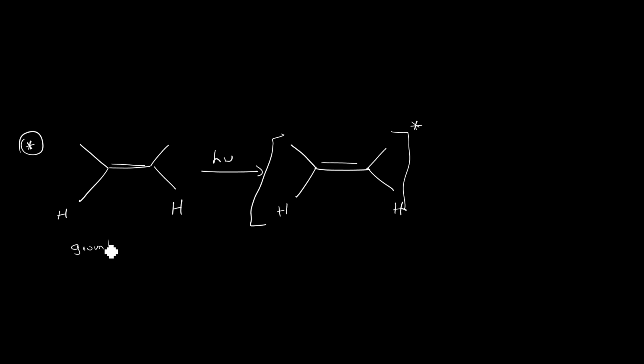So with light or radiation, I'm going to excite this molecule into either a singlet or triplet excited state. Here we have the same molecule but in the excited state. So this is the ground state, cis. This is also cis, but this is in the excited state.